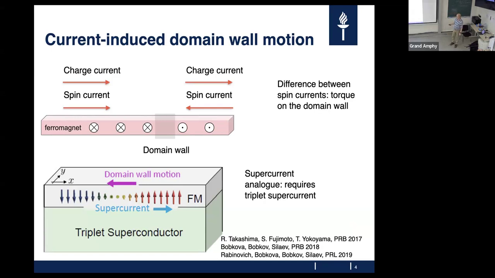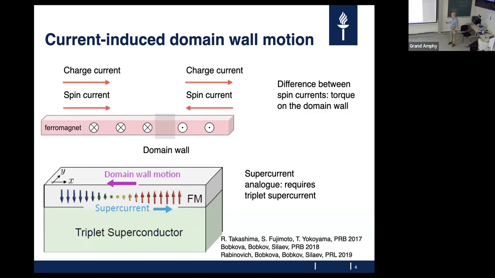Now, if there's a domain wall in the system, it changes from one domain to the other. That flips the sign of the spin current, and this difference between the spin currents actually amounts to a torque, and this torque acts on the domain wall and eventually leads to its motion.